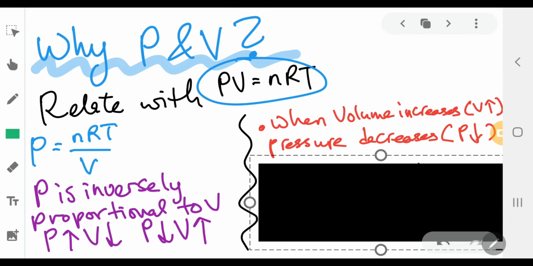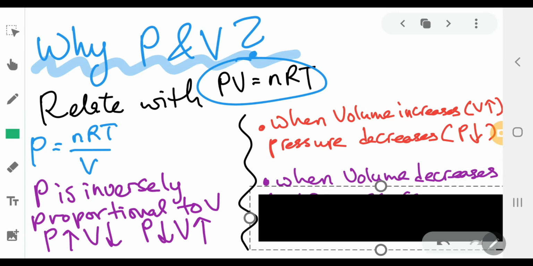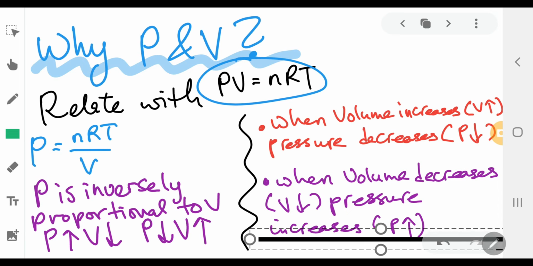When volume increases, pressure will decrease. When volume decreases, pressure will increase. So that is the relationship between pressure and volume, and that's the reason why we always need to relate those two when we want to consider the stress of pressure.